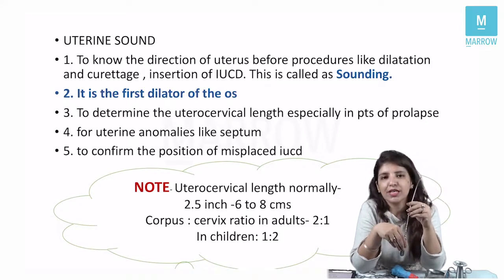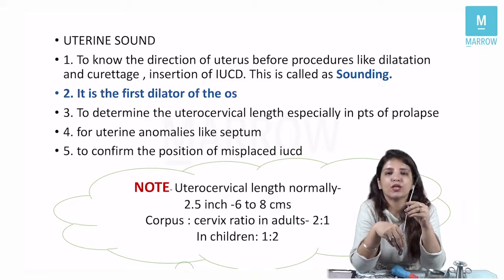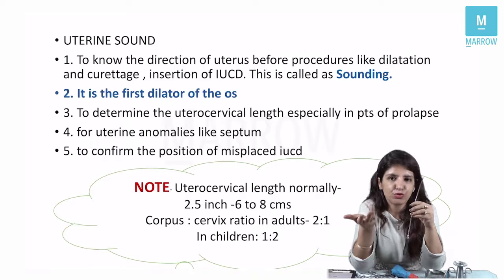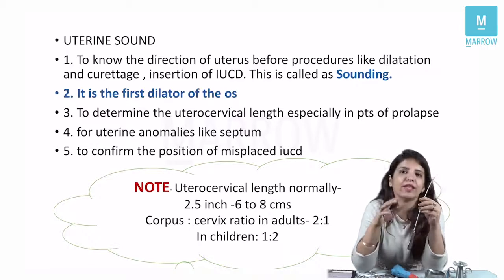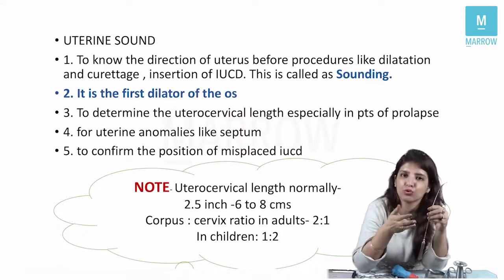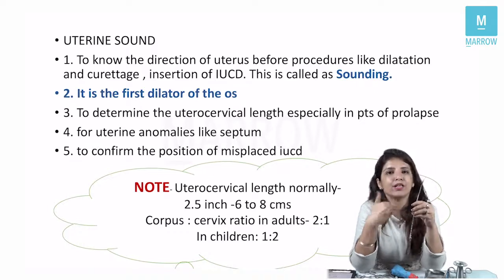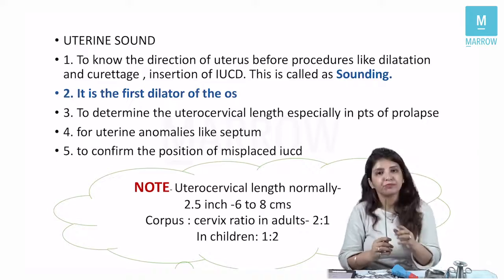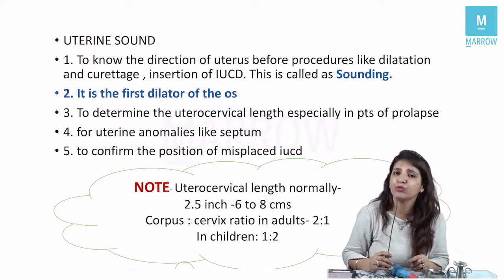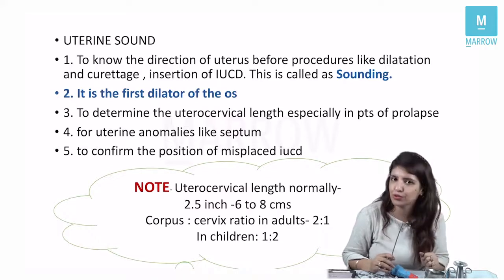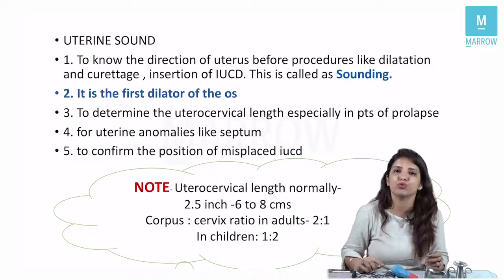If an IUCD is misplaced and you want to see whether it is inside or outside the uterus, you put a uterine sound and then get an X-ray done. If the IUCD is close to the uterine sound, it is within the uterus. If it is far, then it is outside the uterus. A uterine sound can also help detect uterine anomalies like a septum inside the uterus, right? So these were the uses of a uterine sound.